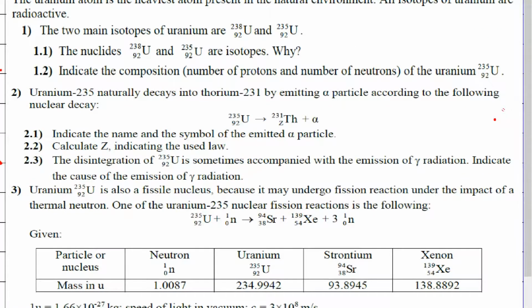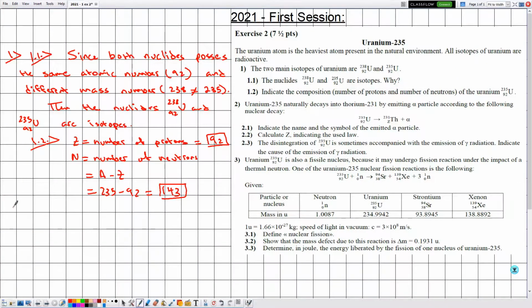Now, in number 2 of this exercise, they are telling us that uranium-235 naturally decays into thorium-231 by emitting an alpha particle according to the following nuclear decay. Now, in 2.1, they are telling us to indicate the name and the symbol of the emitted particle alpha. Let's start by the name.